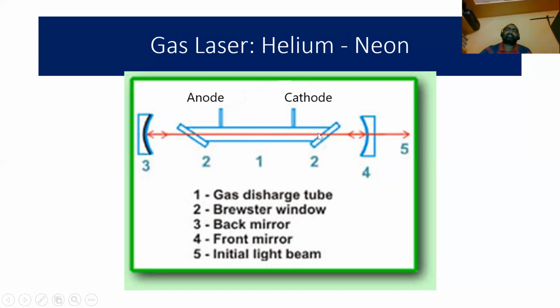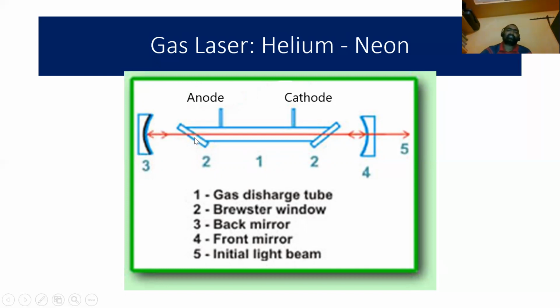Once they enter the discharge tube, stimulated emission continues. 8 becomes 16, 16 becomes 32, 32 becomes 64. Once they leave the discharge tube and hit the fully reflecting mirror, they are completely reflected and enter the discharge tube once again.